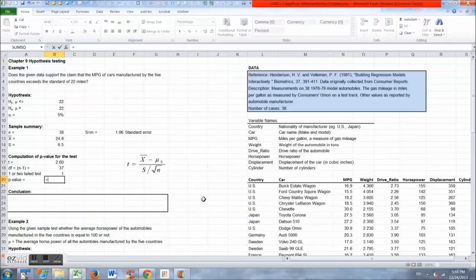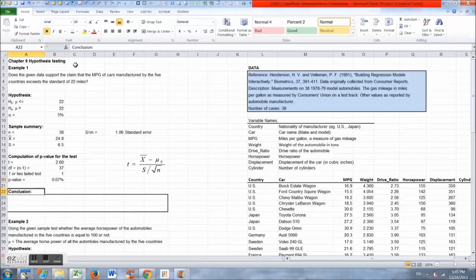So t.dist.rt, and we must use the absolute value of the t always, absolute value of t, and then the second parameter is degrees of freedom. Okay, so that gives us a p-value of 0.67%.